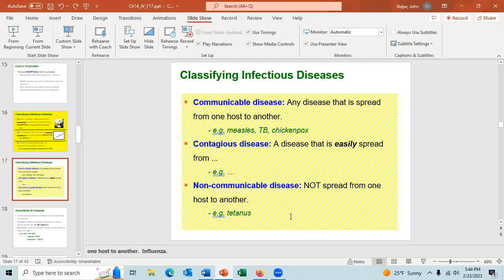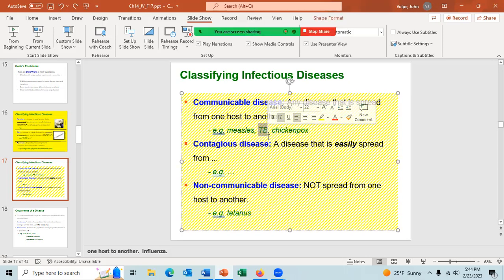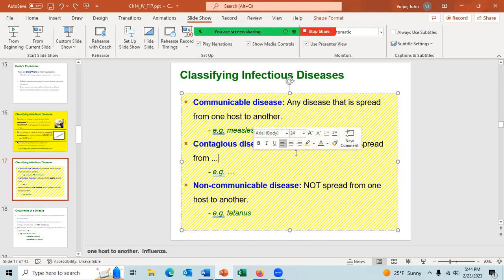Nobody has an example? It's actually right here. Tuberculosis. It's a communicable disease. It can spread, but it doesn't easily spread. It's not contagious.